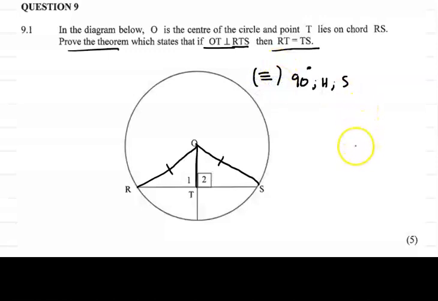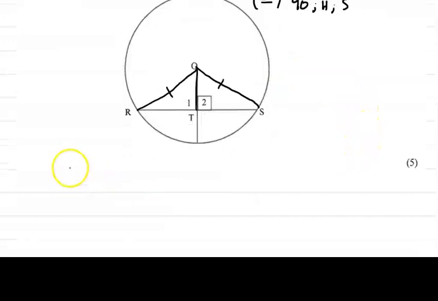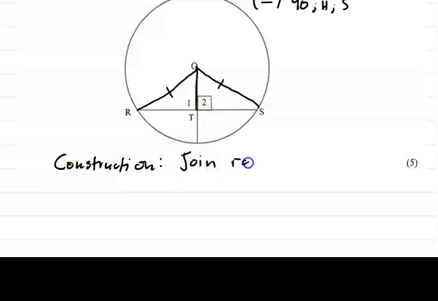So let's go write that down. So we'll start off with the following. Construction. And our construction will be: join radii OR and OS.